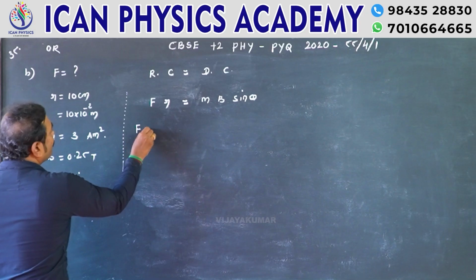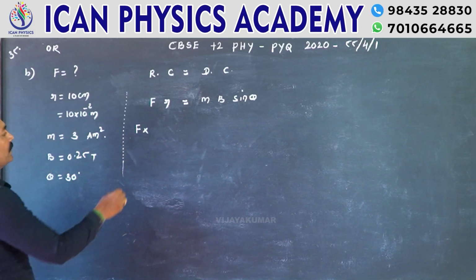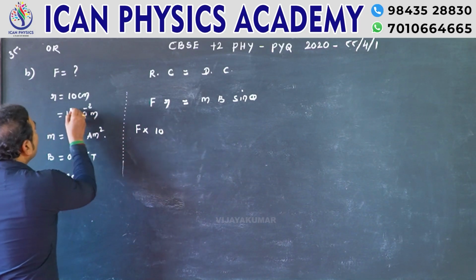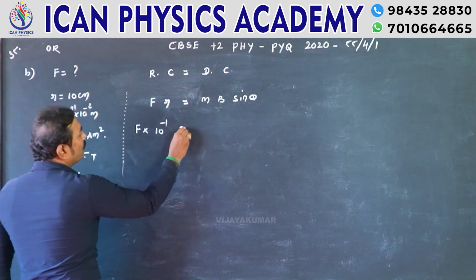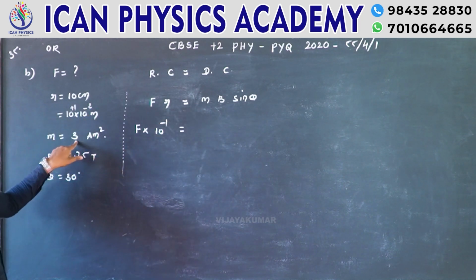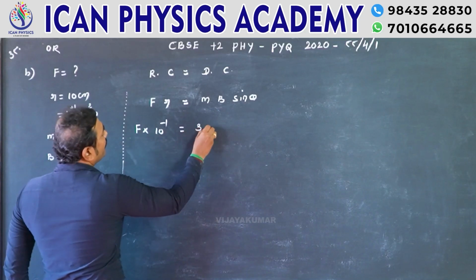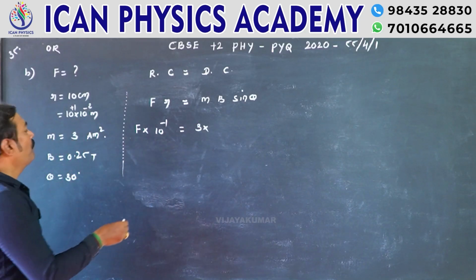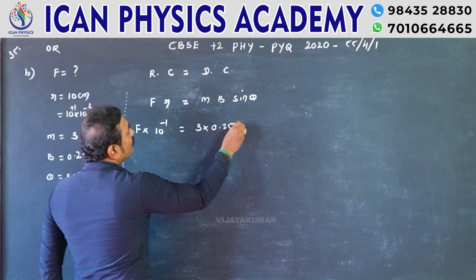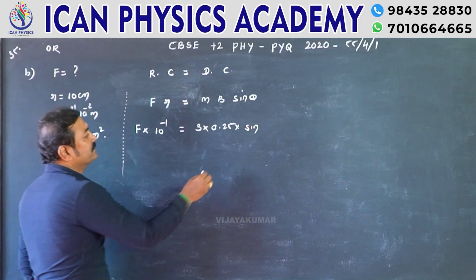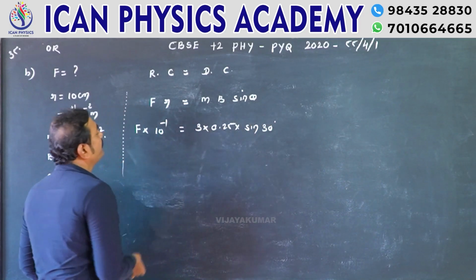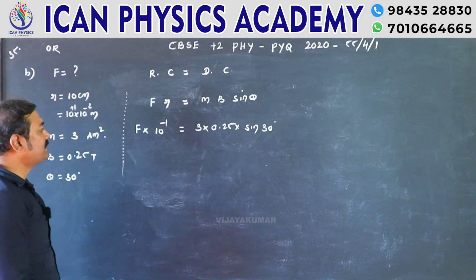So F only we are going to calculate. What is R? That is 10 into 10 to the power minus 2, so F into 10 to the power minus 1 equal to m, which is 3, into B, which is 0.25, into sin 30. The multiplication value goes to the right side as division.